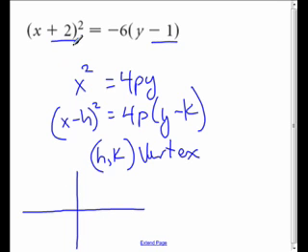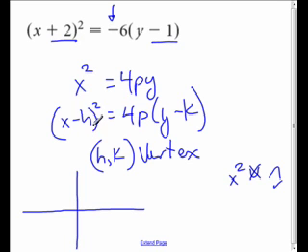It's an x squared, so I know it goes up or it goes down. Also, this number in front, and we'll determine p in just a second, is negative, therefore I know it goes down. So it's not this one, it's going to be that one. So my graph is going to be going down.